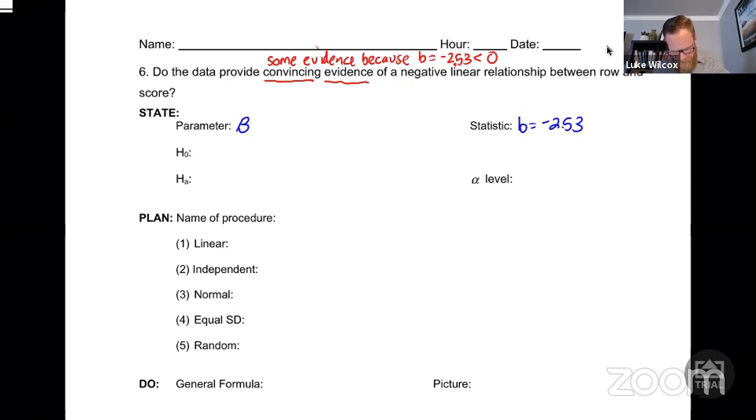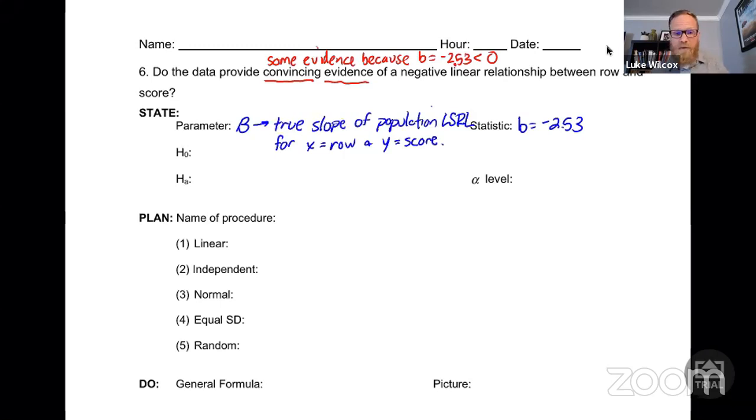So let's clearly identify what beta is here. It is the true slope of the population LSRL, for x equals row and y equals score. Right? That's the parameter. And then, of course, we're going to use that parameter to write our hypotheses here.